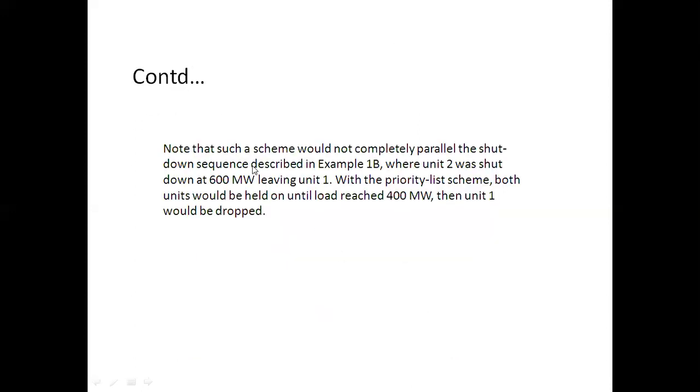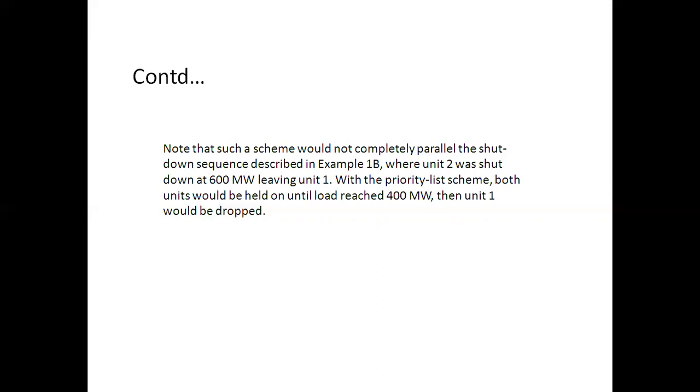So in the case of example 1b that we have already seen, the general shutdown scheme was where unit 2 was shut down at 600 megawatt, leaving unit 1. Now, when we are using the concept of the priority list scheme, we will see that when a single unit is running, we have to run unit 2.